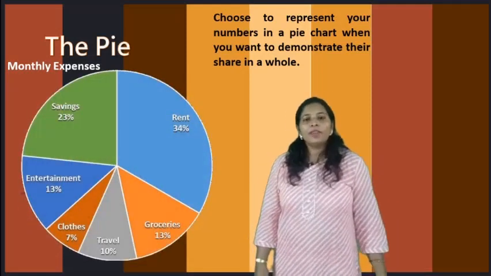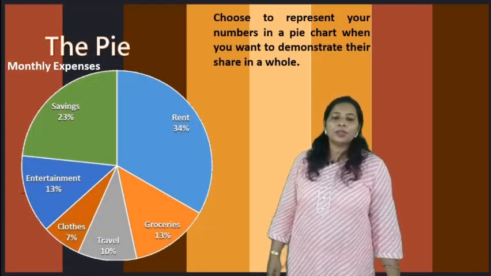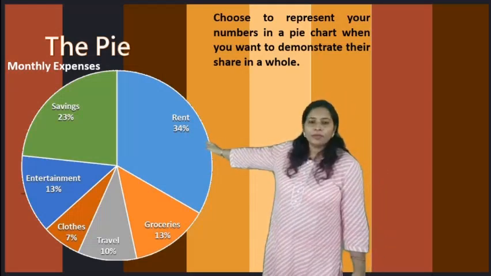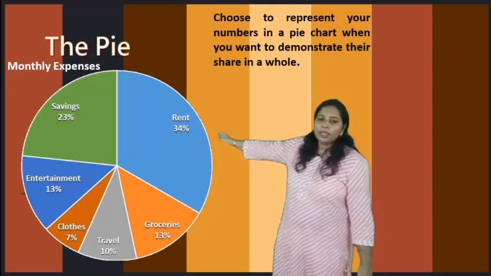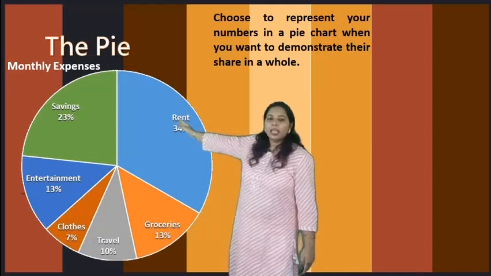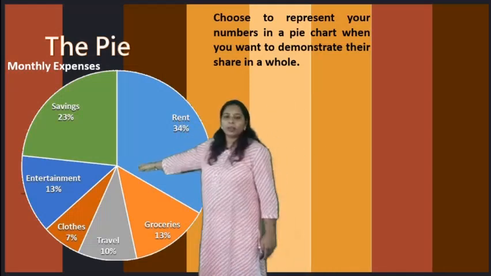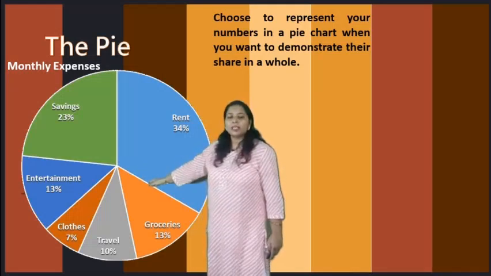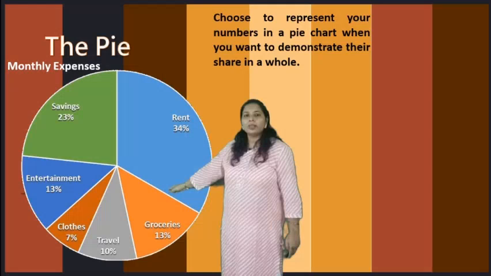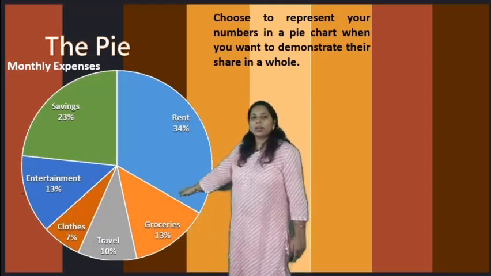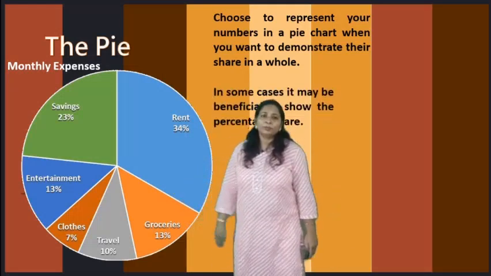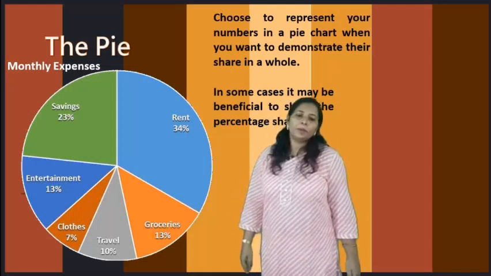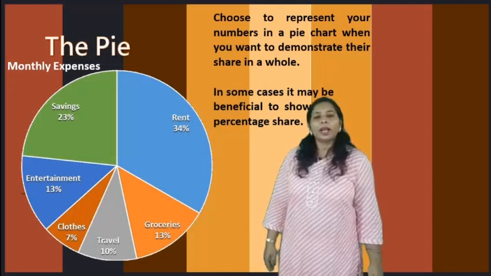So, when we calculate the percentage, you can easily see that rent is 34% of the whole share, saving is 23%, in entertainment the person's share is 13%, in clothes it's 7%, in travel it's 10%, and in groceries it's 13%. So, basically it is very beneficial to show the percentage share in a pie chart.